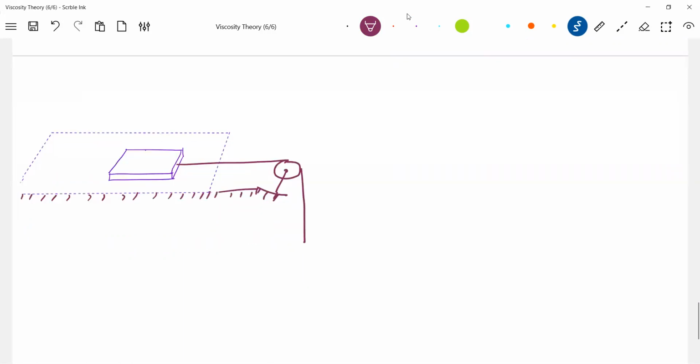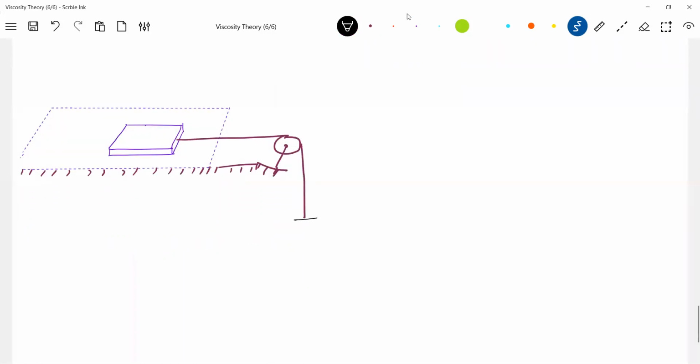Okay, let me introduce the other problem. Okay, this is the oil layer.